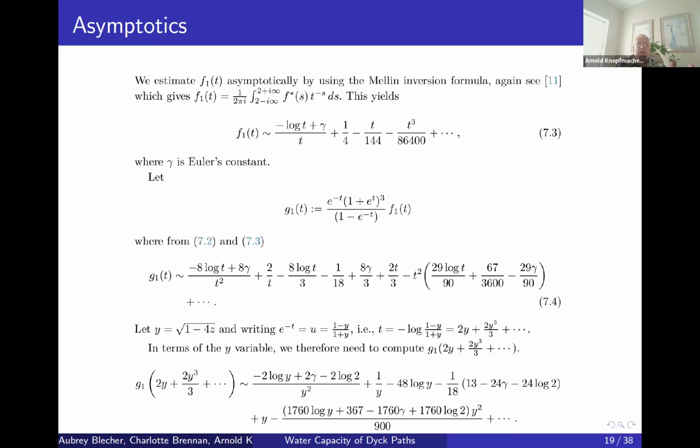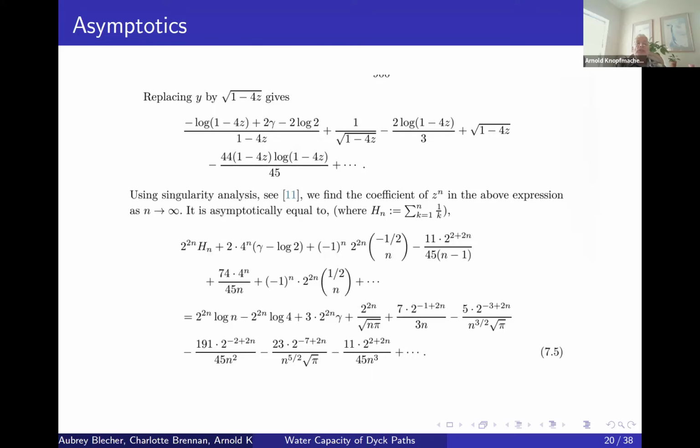So that means we rewrite our 7.4 in terms of the y variable, which gives what's at the bottom of the page. And finally, we go back to the original variable, which is the z variable, since y is just root of 1 minus 4z.